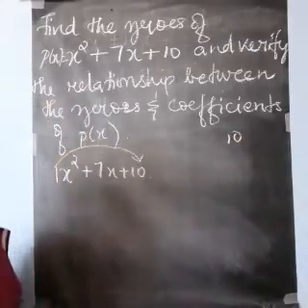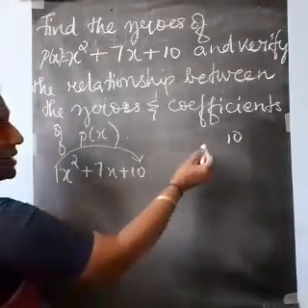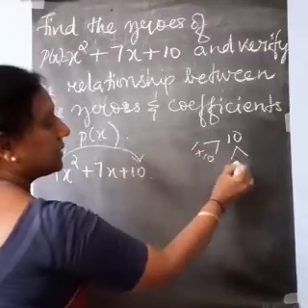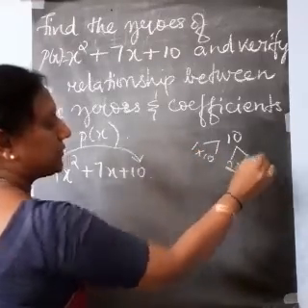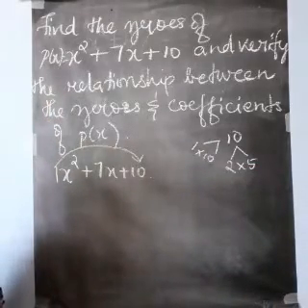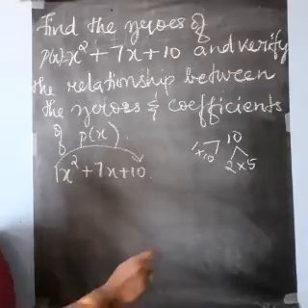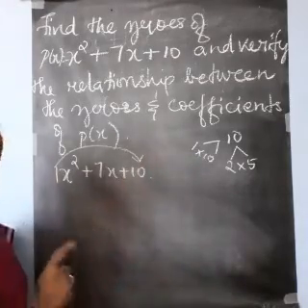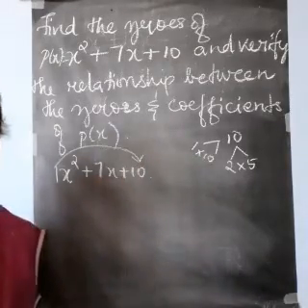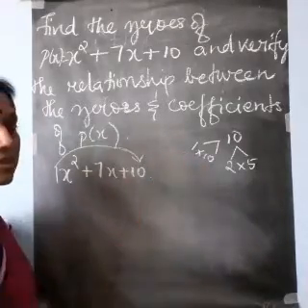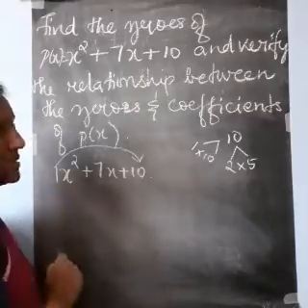Now write down the factors of 10. What are the factors of 10? 1 into 10, then 2 into 5. Any other factor for 10? No. Now you see which set of factors is apt to split the middle term. If you add or subtract the factors, you should get the middle term.